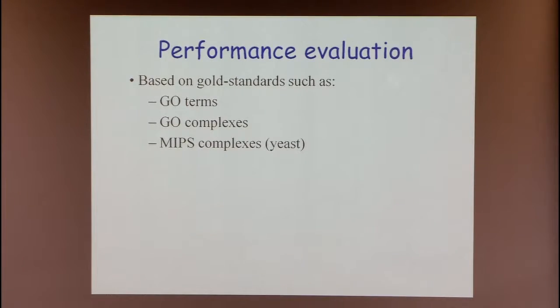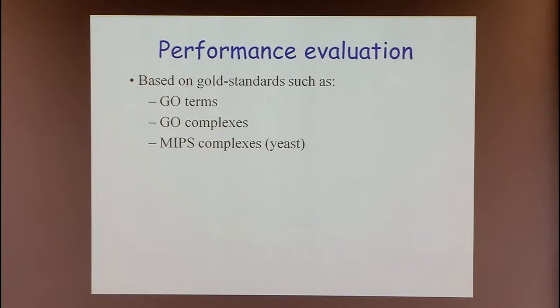The way I evaluate the performance is, of course, using gold standards for what is a module. We started by saying that a module is a set of proteins that perform some specific function, and luckily we have the Gene Ontology, in which all genes are categorized into terms. So a fair gold standard would be to take the GO terms, or you can do something even better than that.